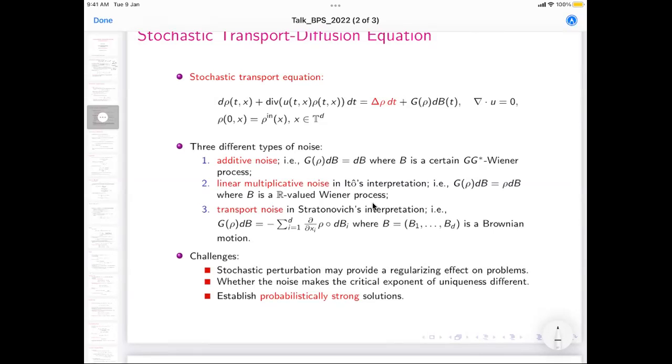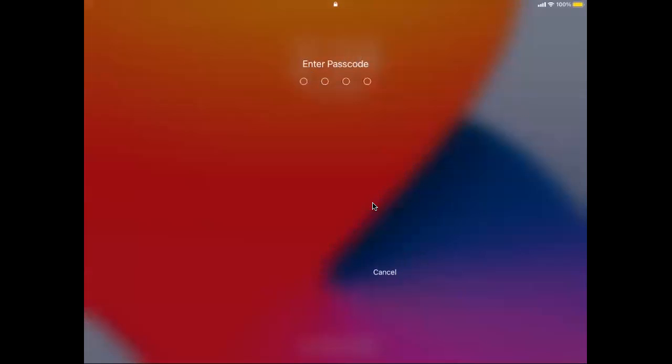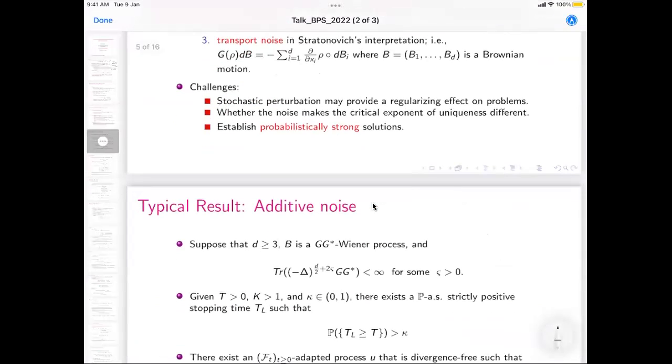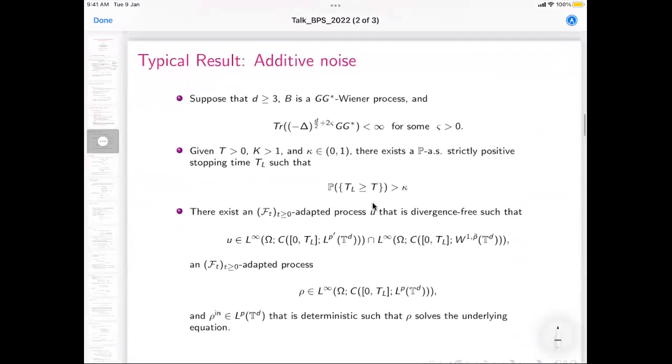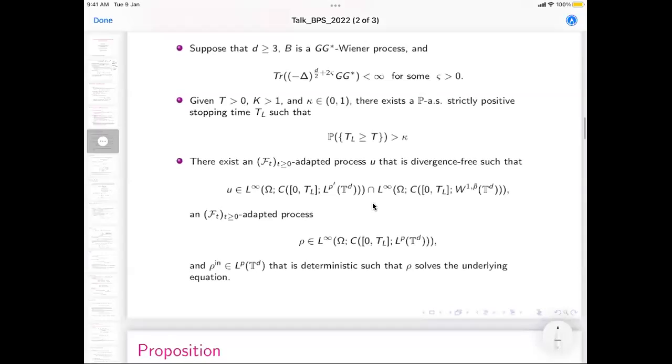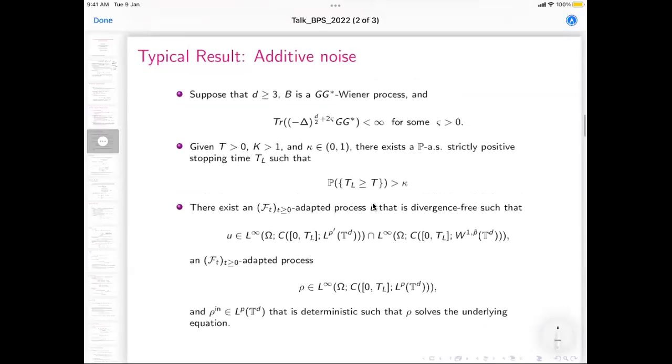Okay, so I wanted to give a glimpse of the proof. The kind of result we produce is the following. As I said, we are producing non-unique solutions, which are non-unique in the sense of law and in the appropriate class.